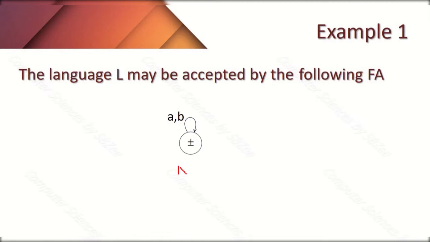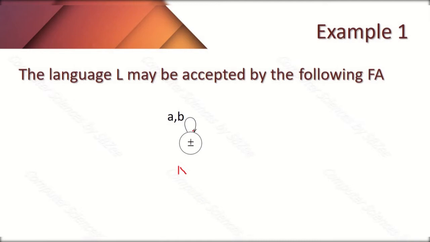So the first word is lambda generated by this finite automata, and then from transition a we get a single a and then stop the machine. If we want a single b, then from this edge we can retrieve b and then stop the machine.